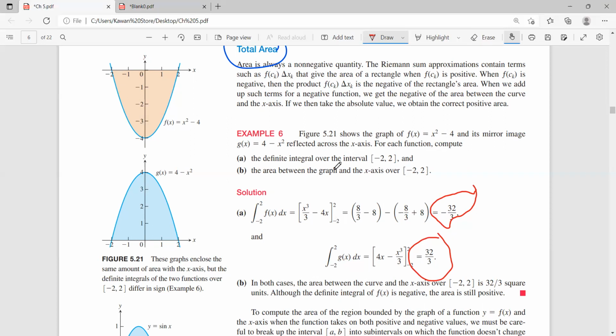This means that the values under the x-axis are going to be what? Value. You see what I mean?